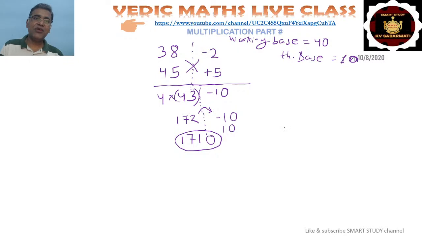Okay, so I am giving you different type. But be clear, if the numbers are nearer to 40, 60, 70, 80, 90, 30, 20, then you have to take the theoretical base to be 10. So that easily, if the numbers are nearer to 70, then you have to multiply by 7.